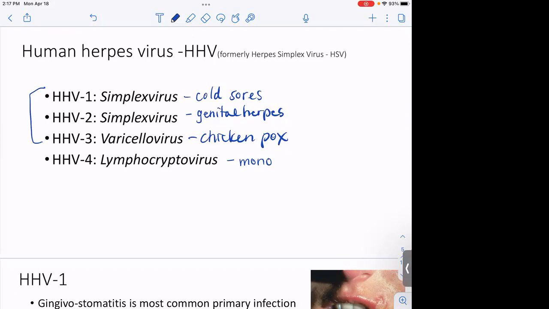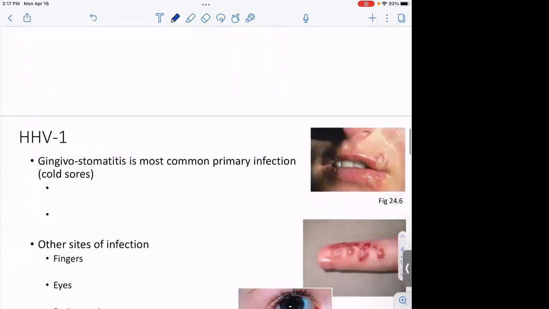So sometimes we describe mono as kind of our T cells and our B cells going to war against each other. So that's how you get that incredible fatigue from that infection. And there are some other ones that cause asymptomatic infections, or like I said, Kaposi's sarcoma is the HHV8. But we won't worry about those. We'll just worry about these.